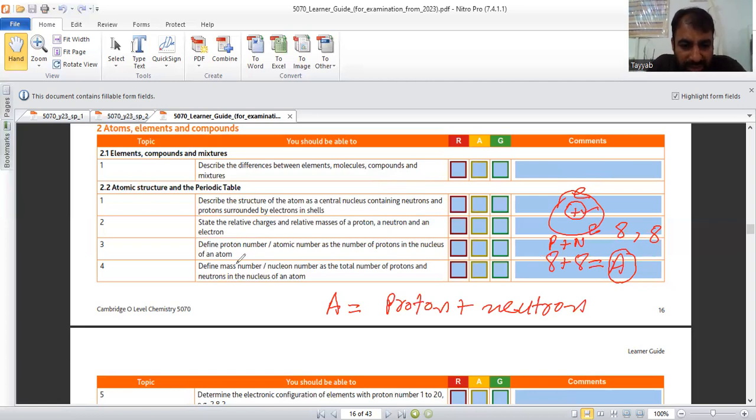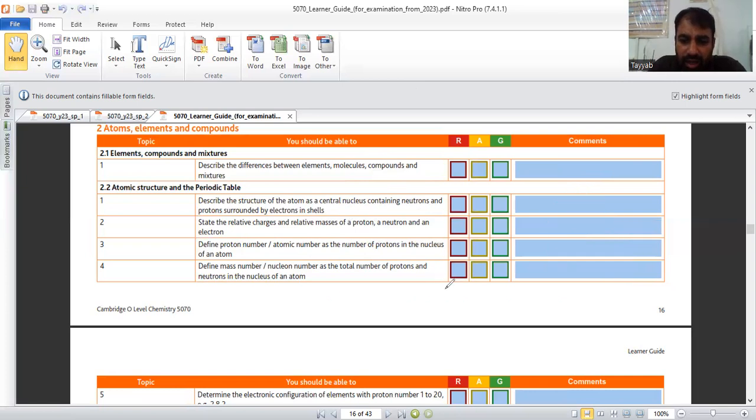Now we will define proton number, or atomic number, as the number of protons in the nucleus of an atom. For example, this is the symbol of a sodium atom. In this you can see 11 protons and 23 is its nucleon number.